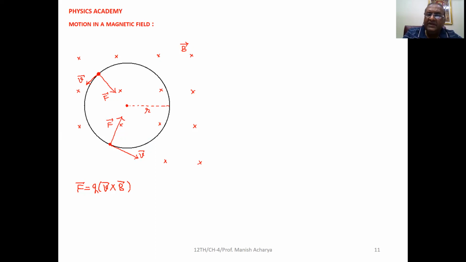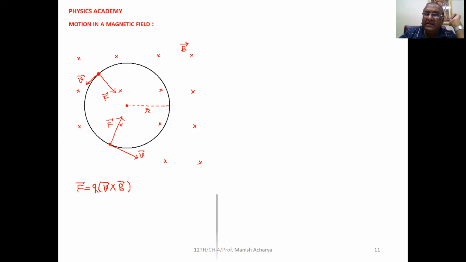Now here the force acting on the charged particle is perpendicular to the velocity, so that charged particle in this magnetic field executes circular motion, and to sustain its circular motion, the required centripetal force is provided by this magnetic force.